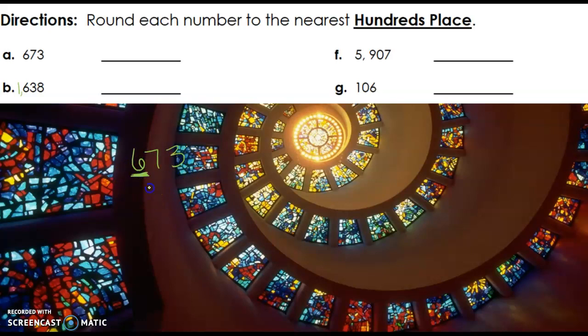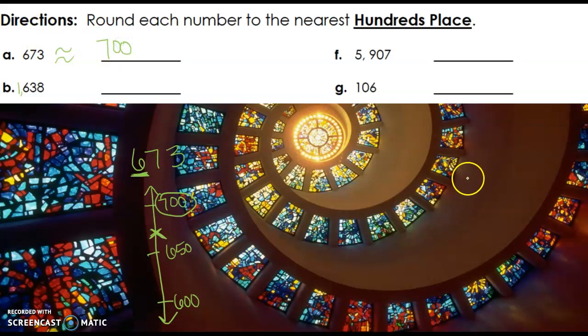So it's 6 hundreds. That's my floor. So 6 hundreds right there. Now, 100 more puts me at 700. Halfway, 650. So 673 would be above the halfway point, which means it's closer to the ceiling. So 673 is about 700.